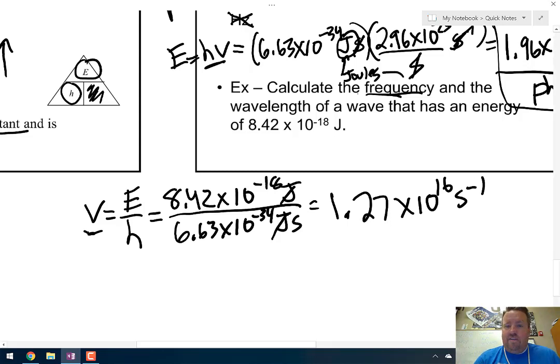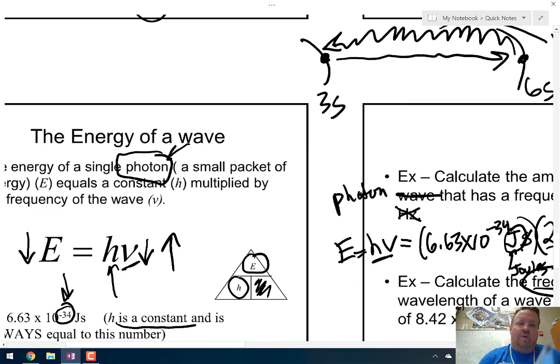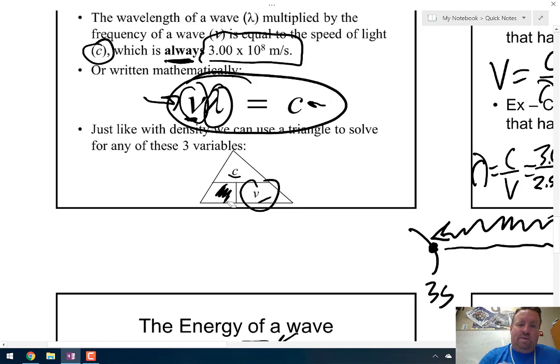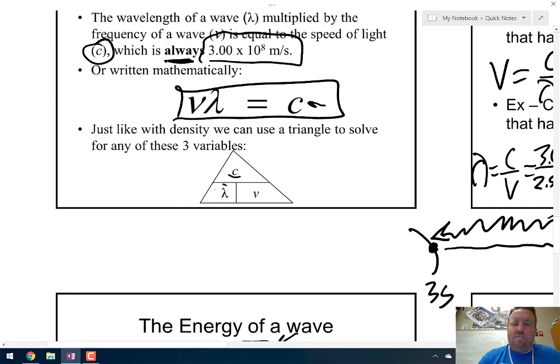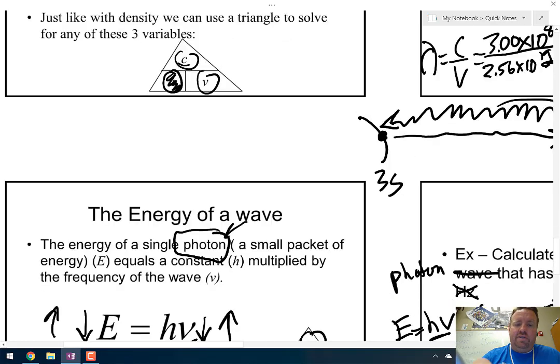So we've done the first part. We've calculated the frequency. And now they want the wavelength. So remember our equation with wavelength is the speed of light is equal to frequency times wavelength here. And so in this case, they want us to find the wavelength. So let's get rid of that. So it's the speed of light over the frequency.